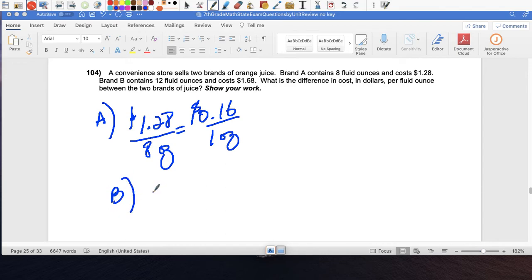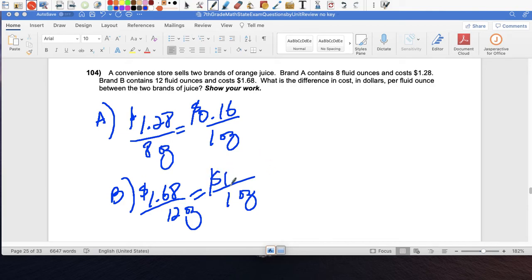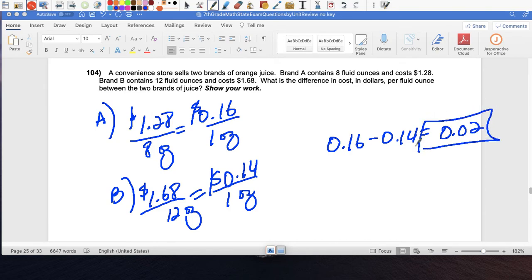Brand B is 168 for 12 ounces. So 1 ounce, let's divide 168 by 12, and we get that each ounce is 14 cents. The final question is the difference in price per fluid ounce. So it would be 16 minus 14, and the difference in price is 2 cents per ounce.